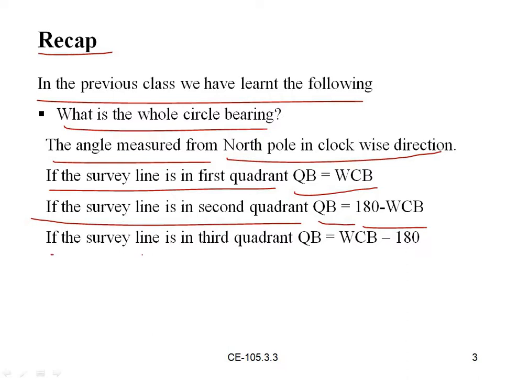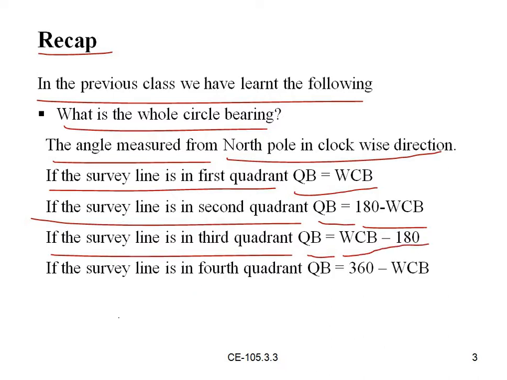If it is in the third quadrant, quadrantal bearing is equal to whole circle bearing minus 180 degrees. If it is in the fourth quadrant, quadrantal bearing is equal to 360 degrees minus whole circle bearing. These are the principles to convert the bearings.